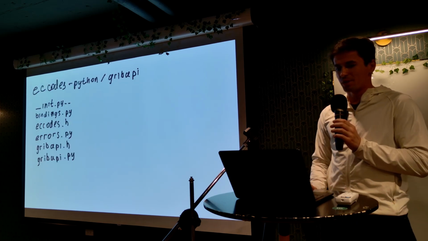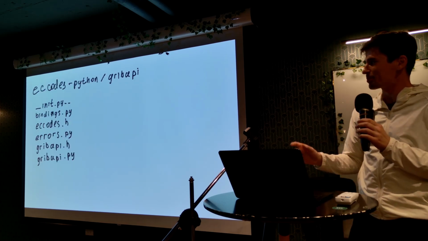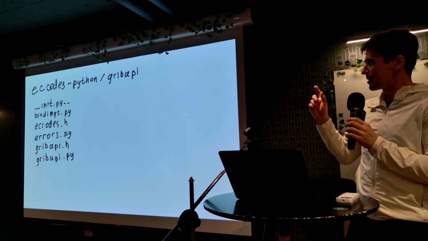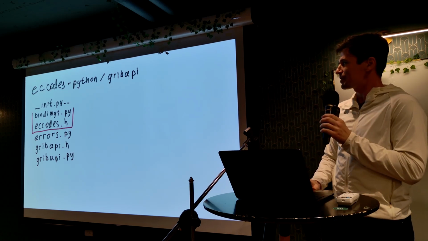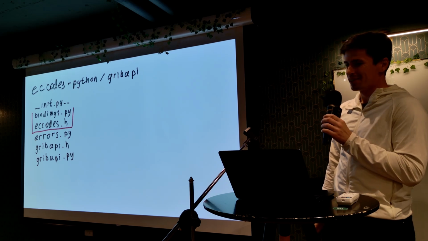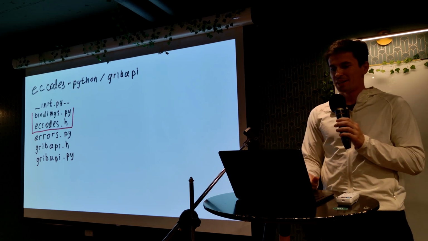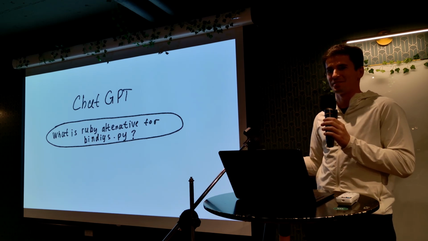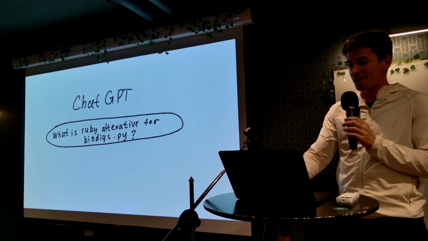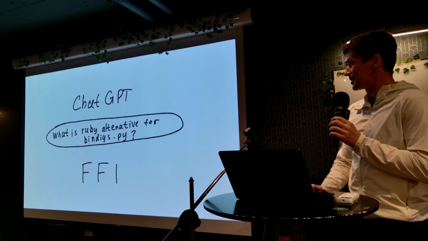And then I went to check what they have, and there are two things that caught my attention. I knew what the .h file stands for, but what is binding.py? So I asked my colleague, what is the Ruby alternative for binding.py? And the answer was shockingly obvious.